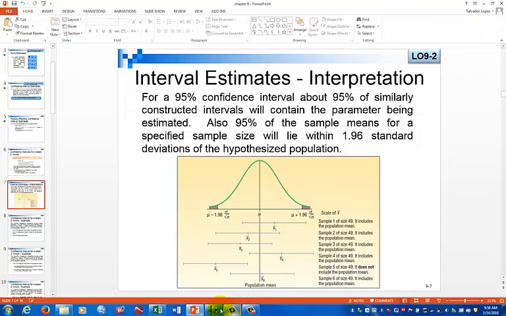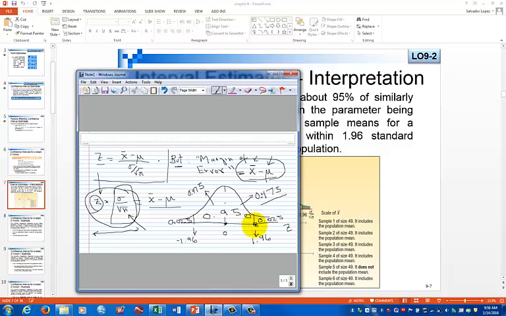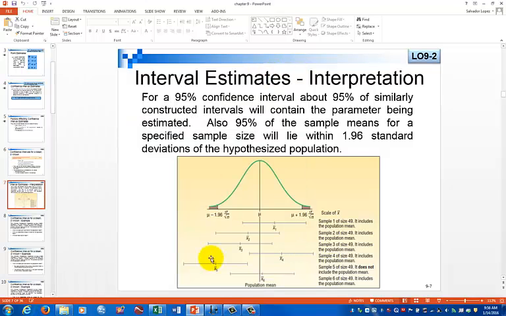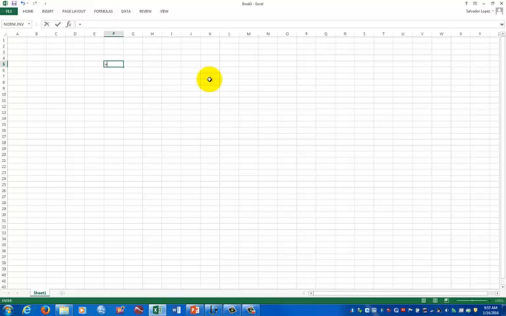So the area to the left of this z-value is equal to 0.95 plus 0.025. So if you have 0.95 and add 0.025, you get 0.975. So it's all the cumulative area to the left of z. So in Excel, the area that we need to specify is 0.975 cumulative.